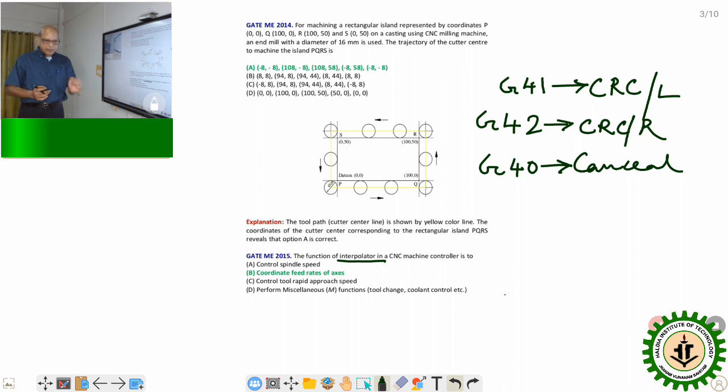So desired trajectory, that is the position, as well as the velocity, both are important and both are taken care of by the interpolator. So out of these 4 options, the most appropriate will be coordinate feed rate of axis. This feed rate is nothing but the velocity at which the axes are moving.